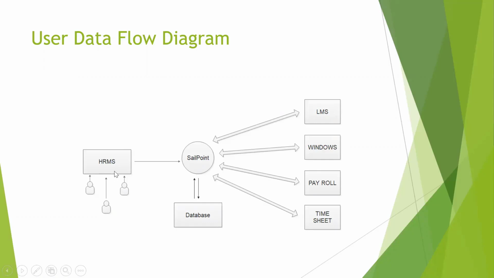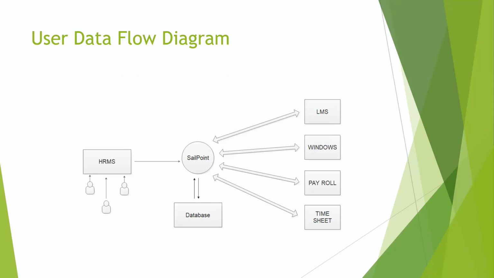Now HRMS is an authoritative application. There is a difference why this application is on the left side and why this application is on the right side. HRMS is an authoritative application. Authoritative means an authorized system, because in your organization you will see multiple systems where your record is present and your account is created, but which one is the right, trusted system?